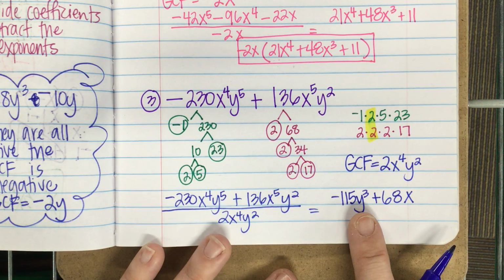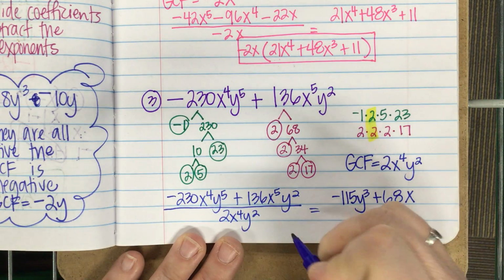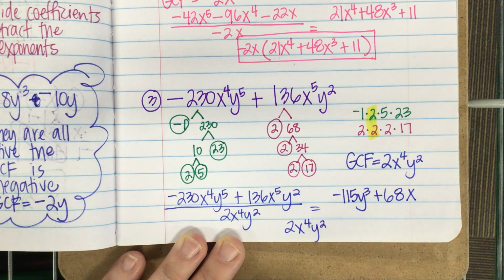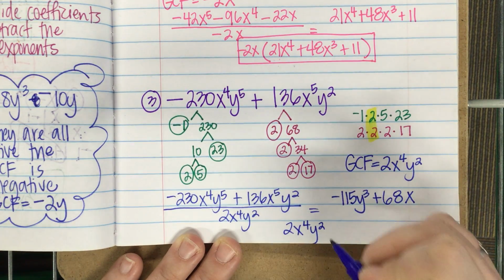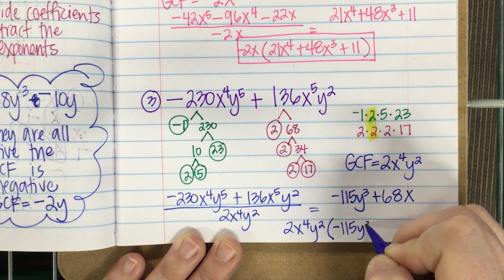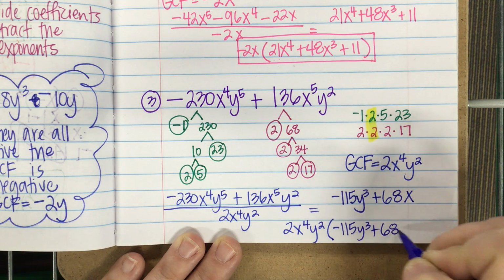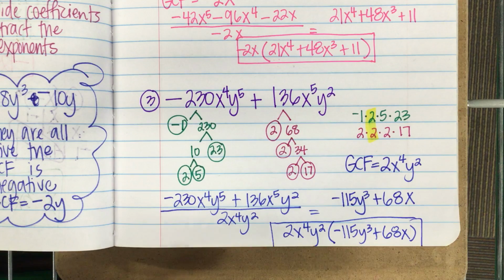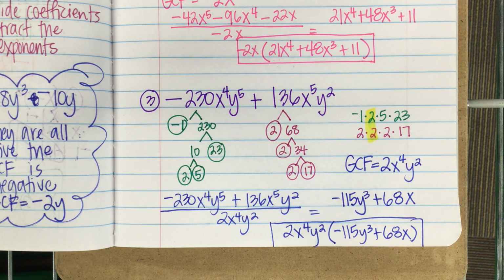Is this my answer? No, my solution is 2x to the 4th y squared, because that's my greatest common factor, parentheses, negative 115 y to the 3rd plus 68x. Greatest common factor.